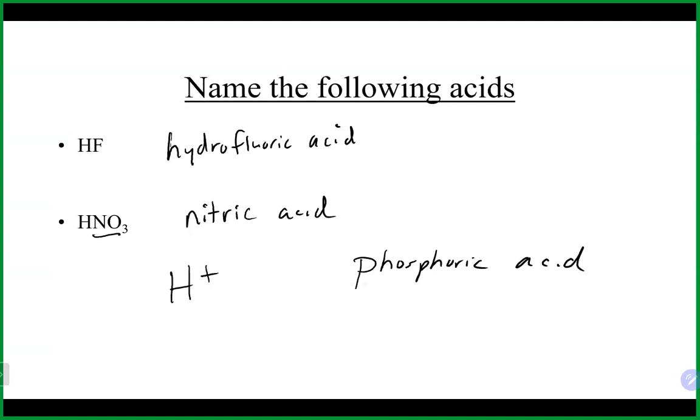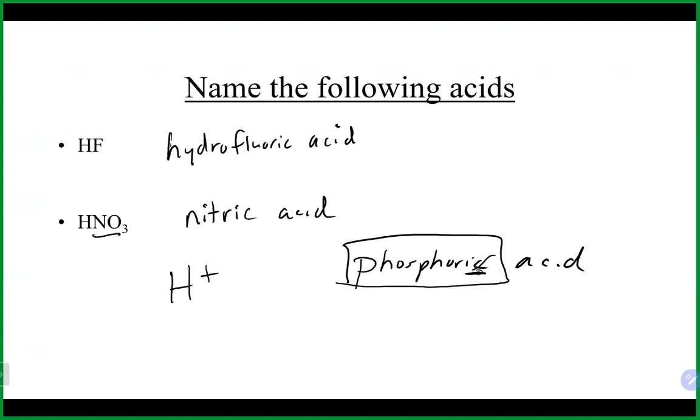When I look at this part of the name, there is no hydro, which means this guy does contain oxygen. And because it does contain oxygen, I know that it's a polyatomic ion, and that my polyatomic ion will probably end in either ate or ite. This one particularly ended in ic, which means the polyatomic ion should end in ate, if you go backwards.